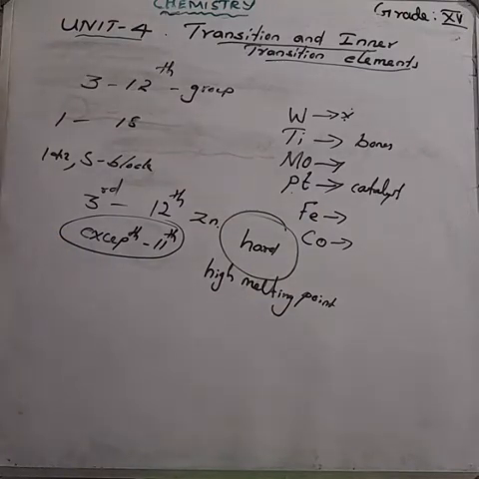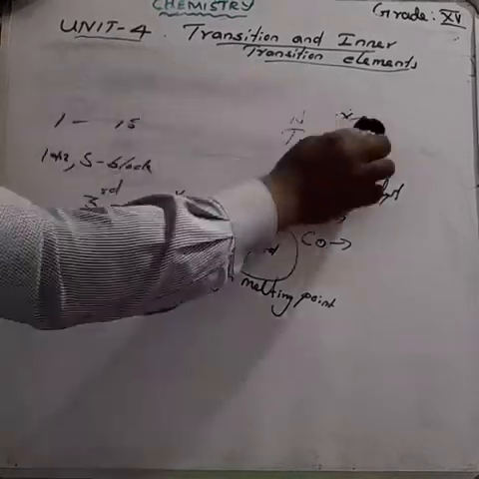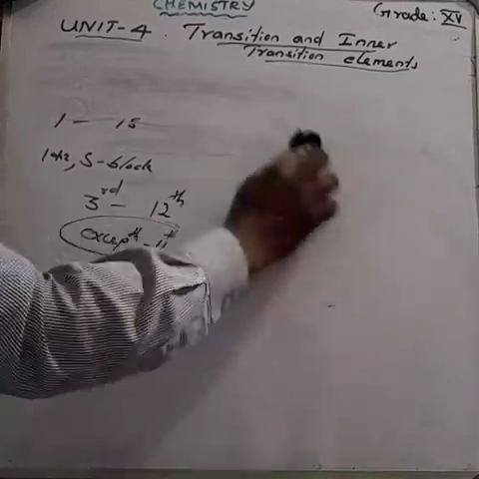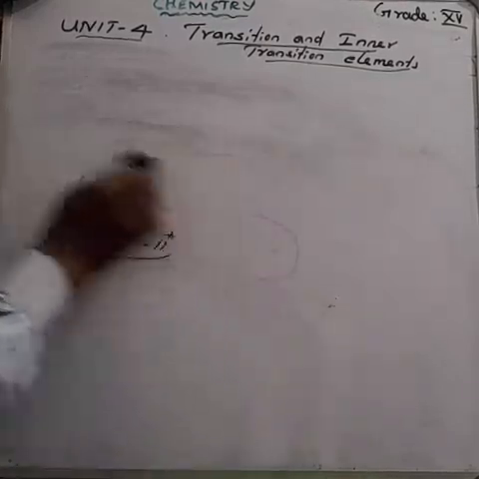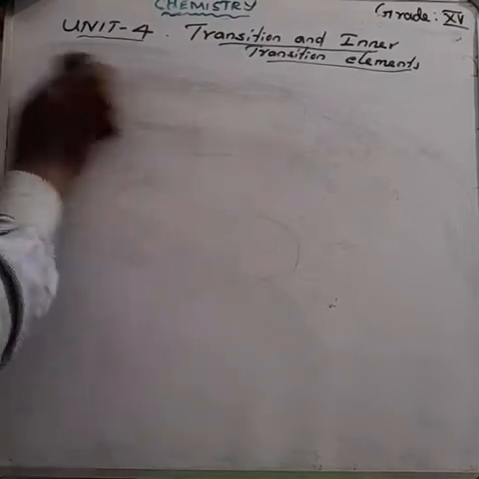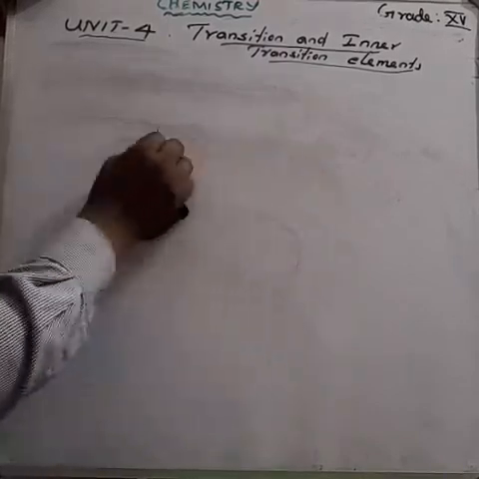So anyhow, in this lesson, we are going to learn about the general trends in properties of D block element. One of the general trends in the properties of D block element with a specific reference with the 3D series and their characteristics, chemical reactivities, some important compounds, example potassium permanganate, potassium dichromate.